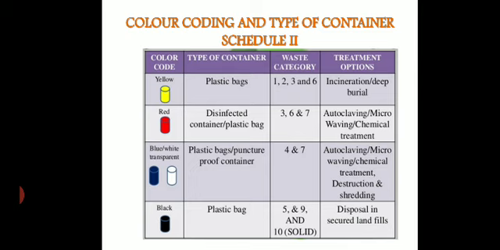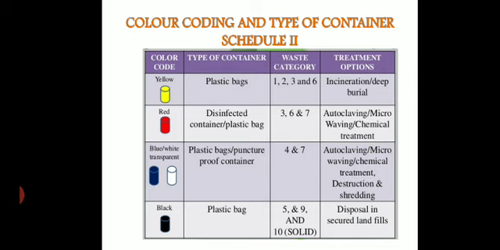You can see different colored bins used for waste management, especially biomedical waste management. So yellow color, red color, blue or white, and black. These are the 4 color codes given according to the rules of biomedical waste management.